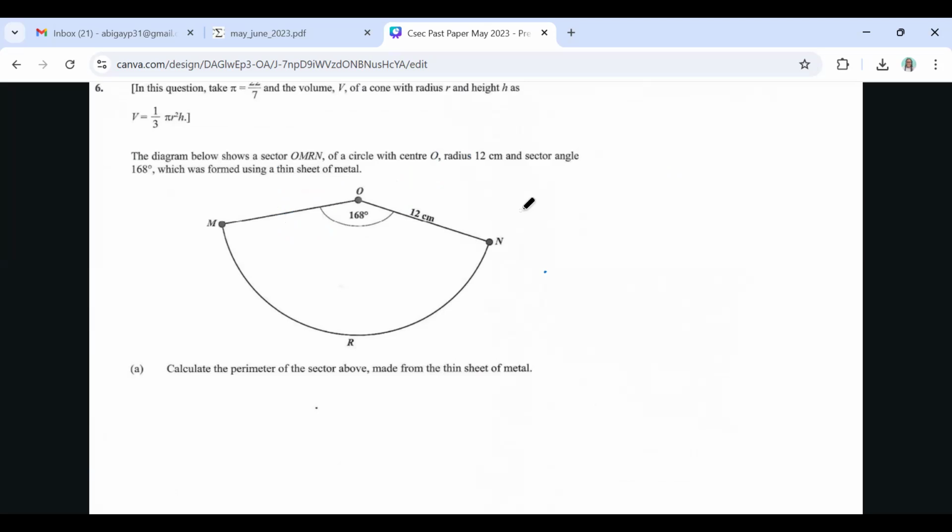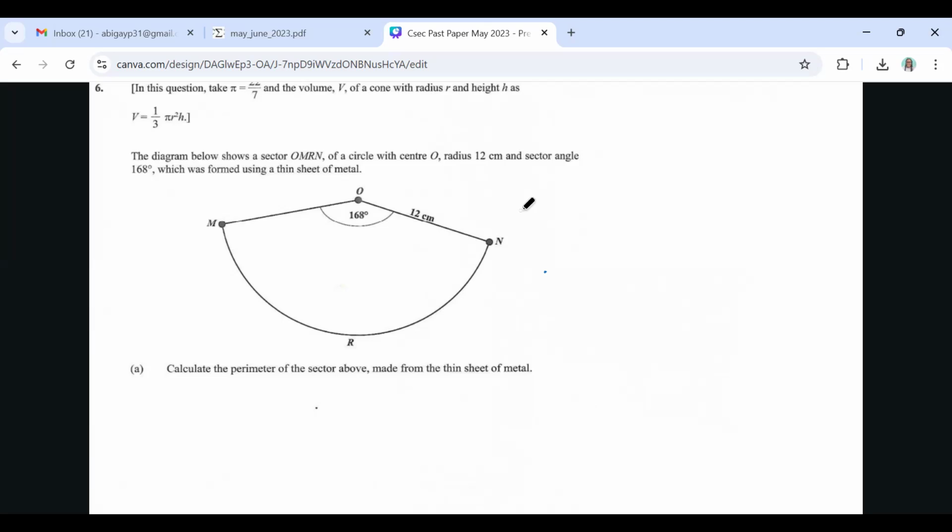In this question, take pi equal to 22 over 7, and the volume V of a cone with the radius R and the height H is V equals 1/3 pi R squared H. The diagram below shows a sector OMRN of a circle with center O. The radius is 12 centimeters, and the sector angle is 168 degrees, which was formed using a thin sheet of metal.